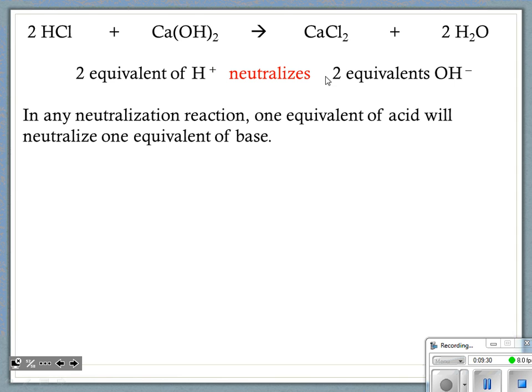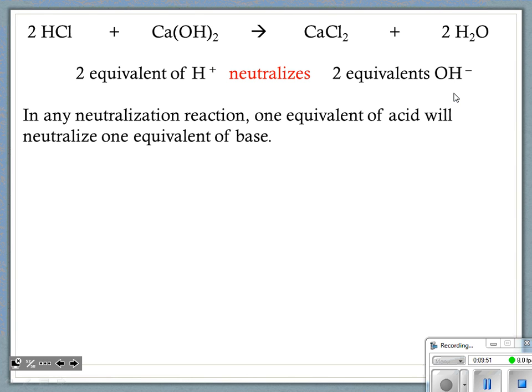So that's 2 equivalents of hydroxide ions. So what is actually happening is that 2 moles of the acid are needed to neutralize 1 mole of the base.